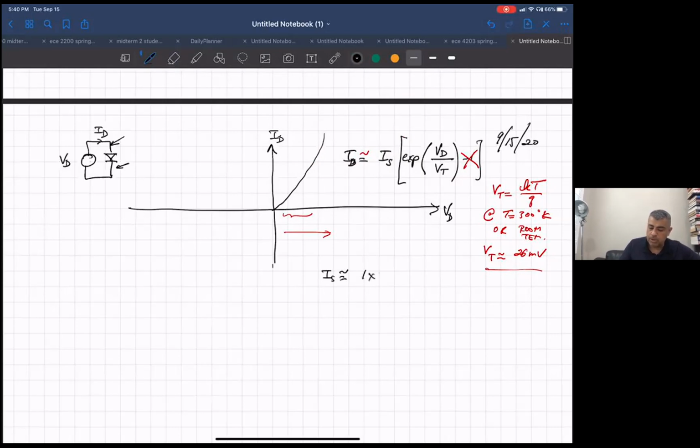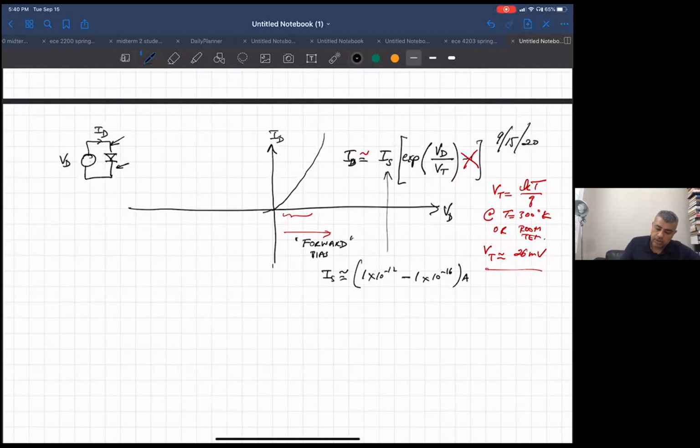It's a pretty small number, maybe 1 times 10 to the minus 16 amps. So I sub S is a really, really small number. And this region is called forward bias.